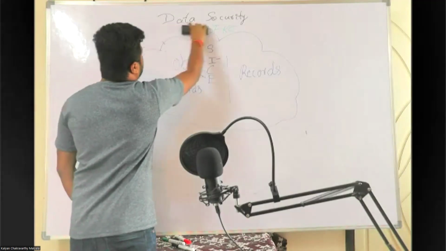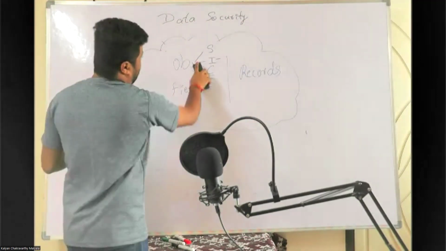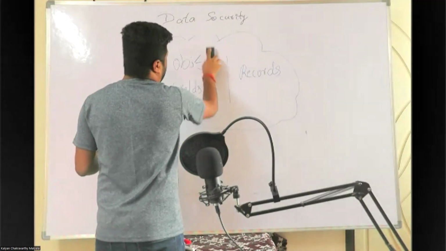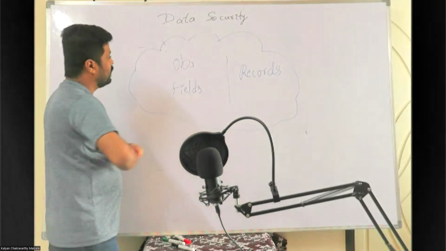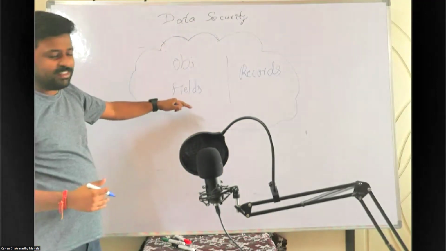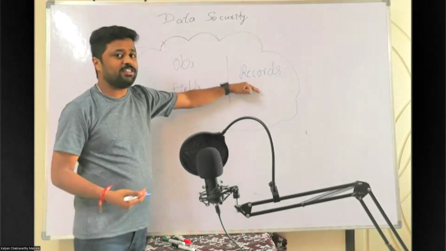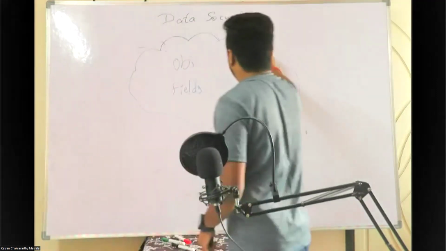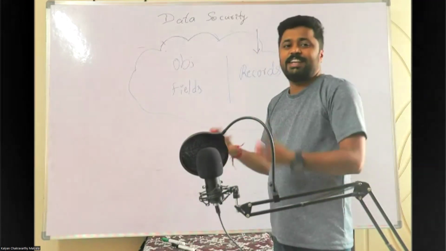Yes. So what is the actual data? Like fields, records, objects? Not exactly fields, the data inside the fields. These records we can say are the actual data. Any record, if you open, is actual data.